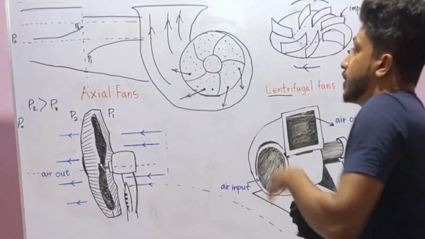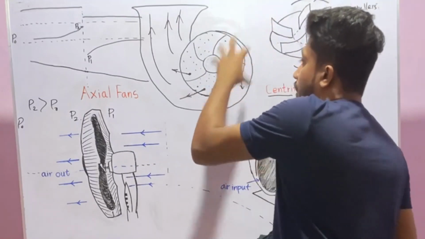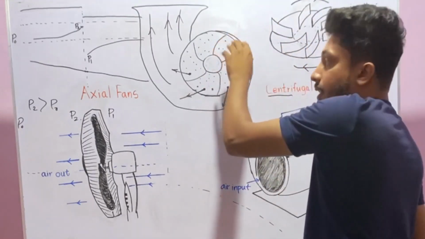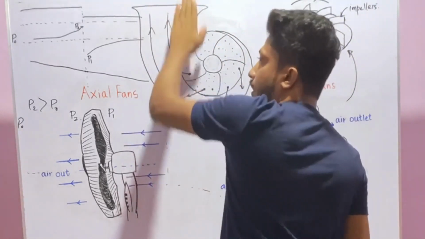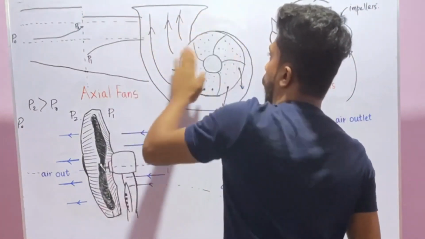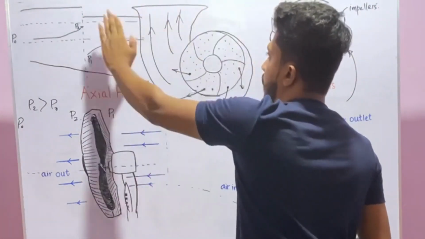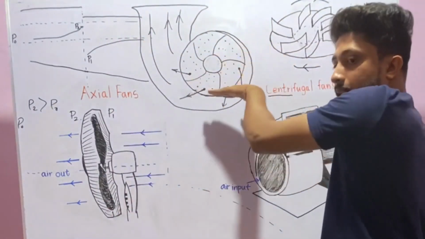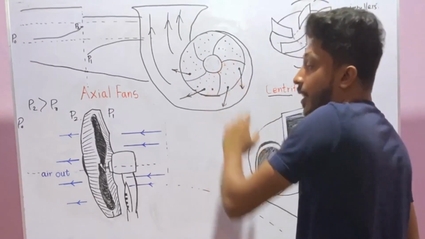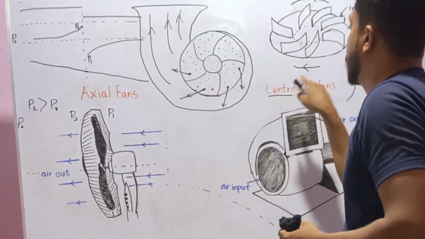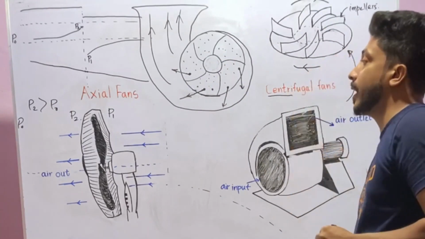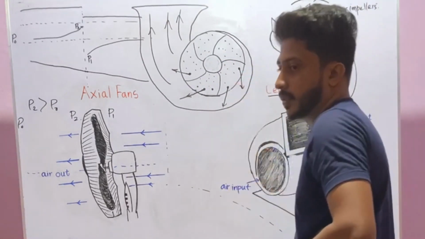Okay, so that is how airflow is generated in a centrifugal fan. Air comes in this direction and moves in this plane, however the direction is. There is a 90-degree difference, so it is due to this centrifugal force. Okay, so that is the mechanism of centrifugal fans.